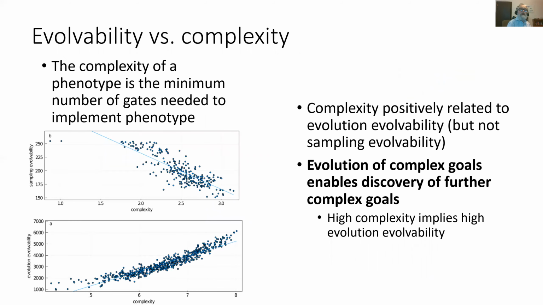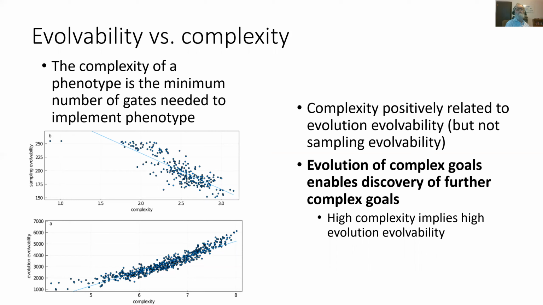So, evolvability versus complexity: again, sampling evolvability versus evolution evolvability changes the relationship with complexity. Now, what do we mean by complexity? The complexity of a phenotype is the minimum number of gates needed to implement that phenotype.